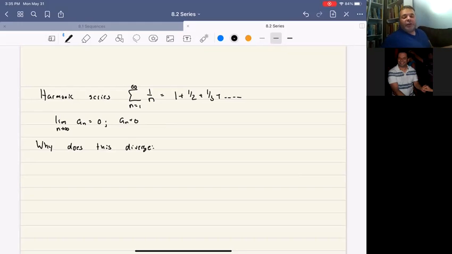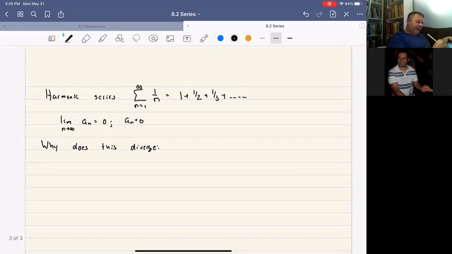Okay, what we're going to do is form sort of subsequences. So let's write S sub n equals, changing the index, k going from 1 to n of 1 over k.